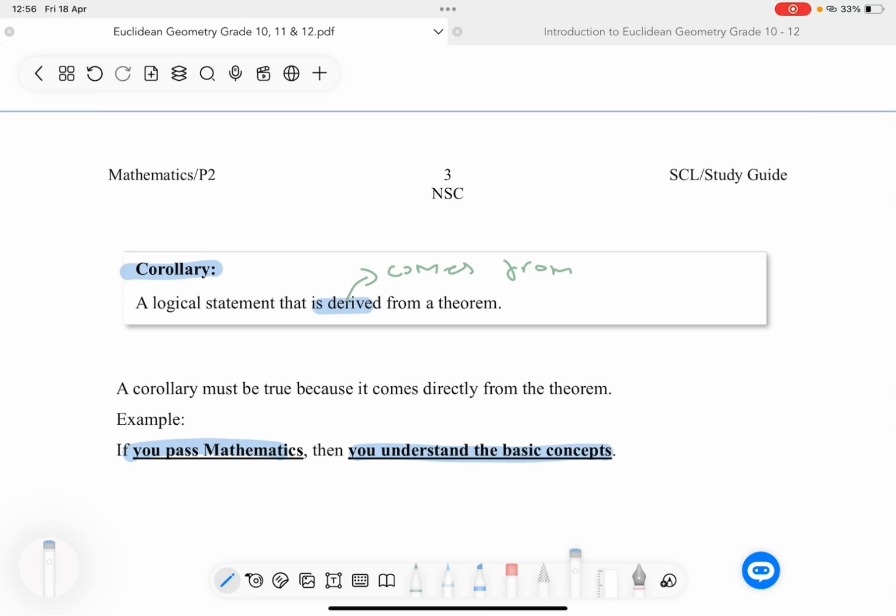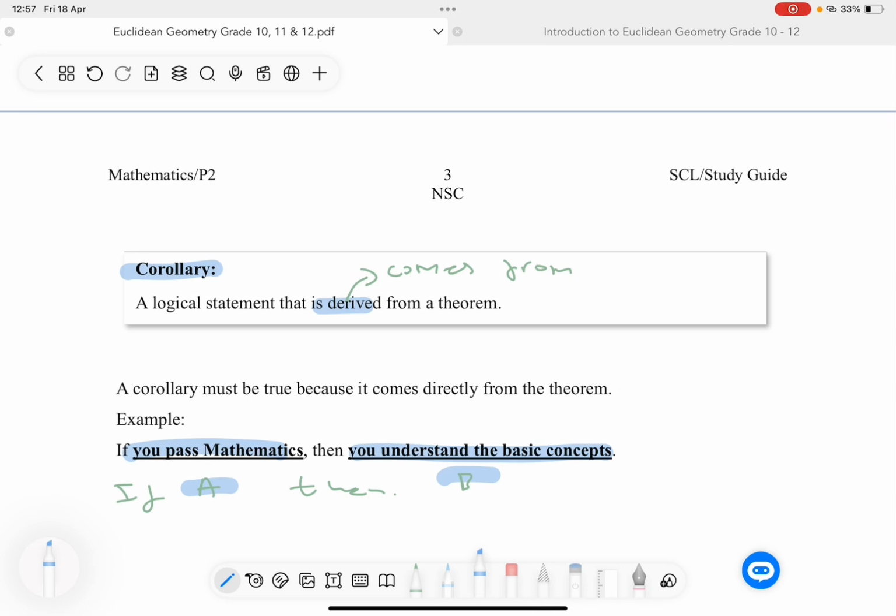And again, you have to notice that a corollary has the same structure as the theorem. It is still a logical statement. In other words, it has the A part and the B part. We still have the if A then B statement, even though it was derived from a theorem.